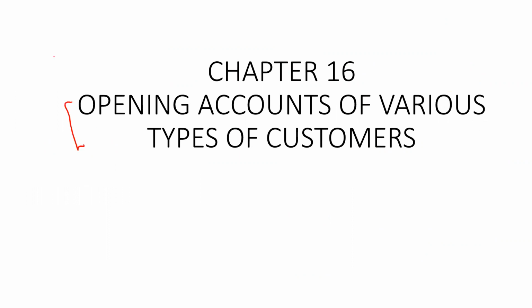From this topic you will get 3 to 4 questions in the examination. For example, in the savings account there is one option, either or survivor, and sometimes they will ask questions from that.